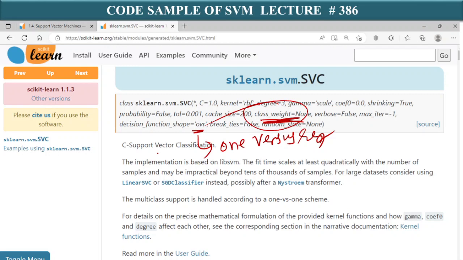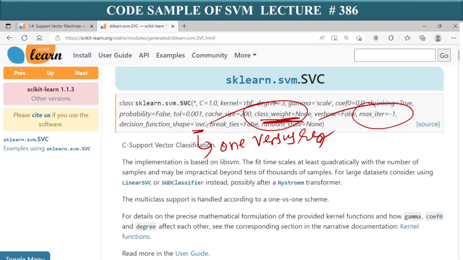Suppose you have imbalanced data and you want to give more weight to one class, as in upsampling of one class, then you can give class weight. The maximum number of iterations, max_iter, if you set it to -1, it will keep iterating till the tolerance is reached. That's how the support vector classifier works.